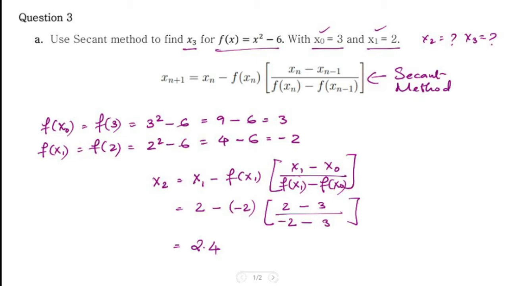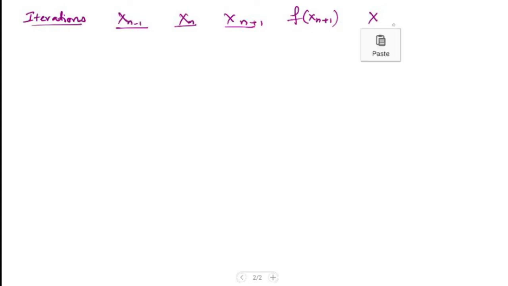Now we can draw a table, where we have first the iterations, and then the x n minus 1 values, xn values, xn plus 1 values, then f of xn plus 1, and the difference between xn plus 1 and xn.